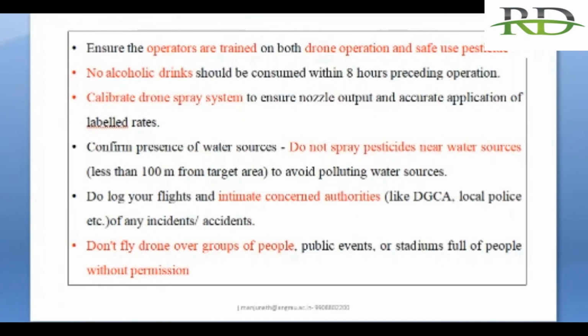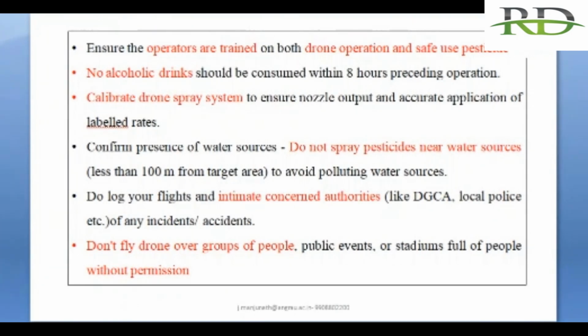We should not spray any pesticide or fungicide near water used for our consumption, and that's why we should not spray within less than 100 meters of a water source. Okay, and also we should get permission from the DGCA for everything.